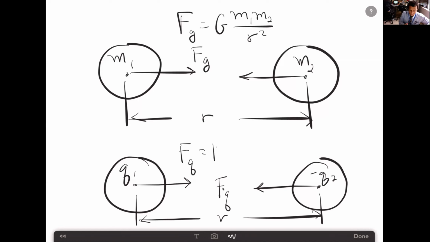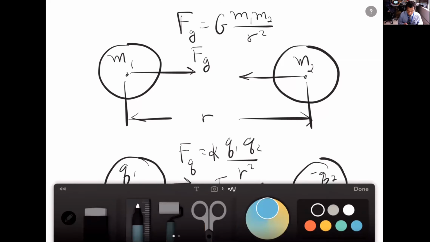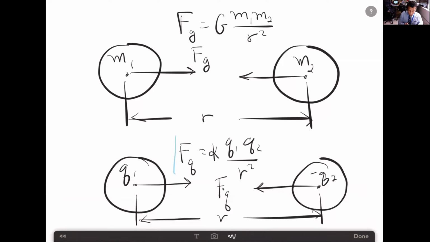We call this Coulomb's constant. It's just 1 over 4 pi epsilon, epsilon being the electric permittivity. And this is going to be Q1 times Q2 over R squared. You see that symmetry there? Isn't it beautiful? Yes, it is beautiful.